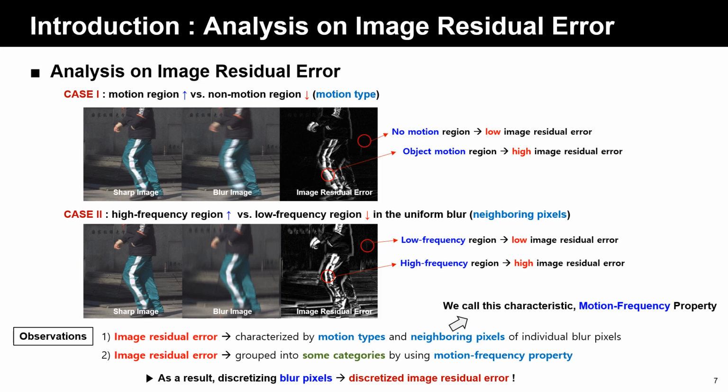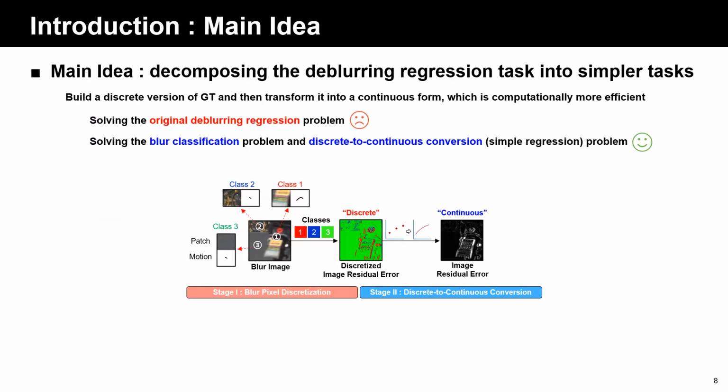This brings us to our main idea. In this paper, we rethink the deblurring task by decomposing the original regression problem into blur pixel discretization and discrete to continuous conversion problem for efficient deblurring models.